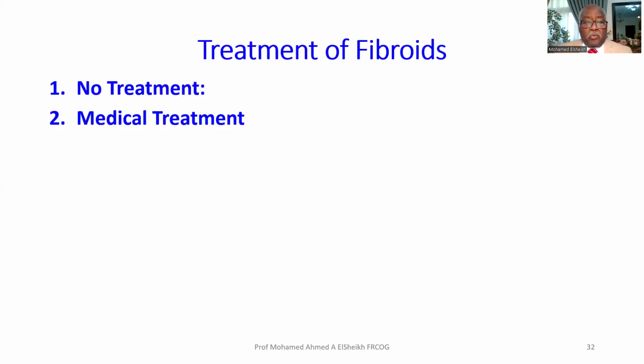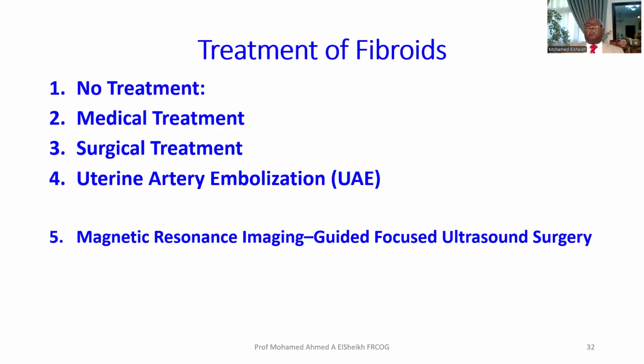So, treatment of fibroids. We covered the investigations needed, the possible complications in the fibroid, and in the first part of the talk the obstetric complications. The options for treatment are: no treatment, medical treatment, surgical treatment, uterine artery embolization, and magnetic resonance imaging guided focused ultrasound surgery, and we'll see what that means.